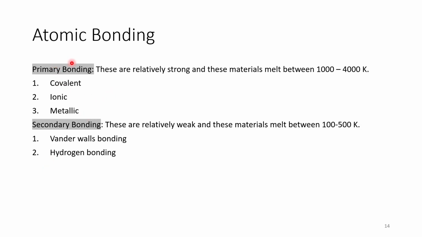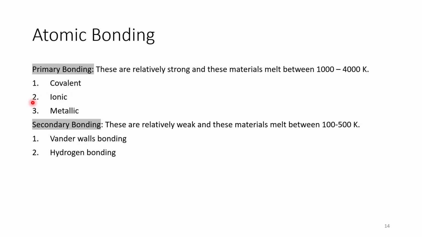Now the classification of atomic bonding. These can mainly be of two types, primary bonding and secondary bonding. Primary bonds are relatively strong, and materials which have primary bonding melt between 1000 to 4000 Kelvin. The examples are covalent bonding, ionic bonding and metallic bonding.